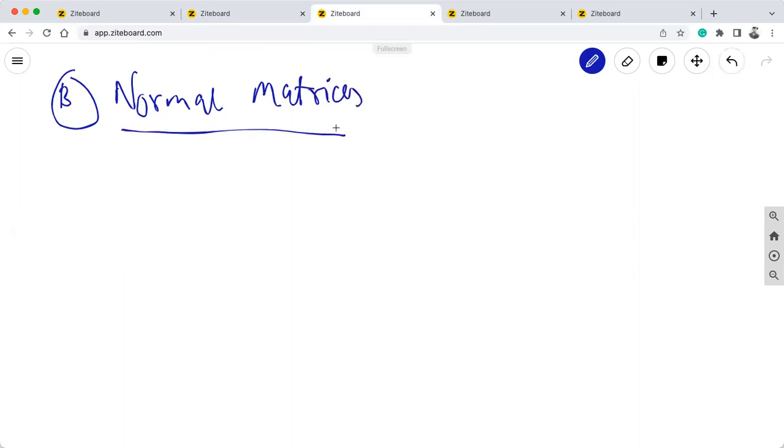If a matrix A, some complex matrix, for example, if A belongs to C n cross n, is unitary diagonalizable.